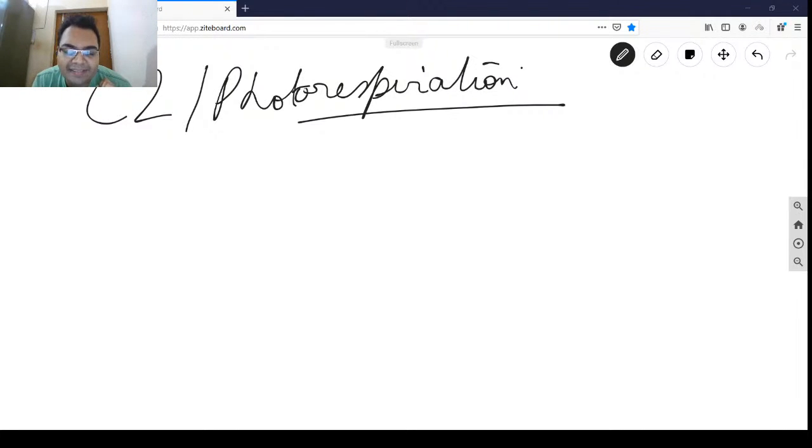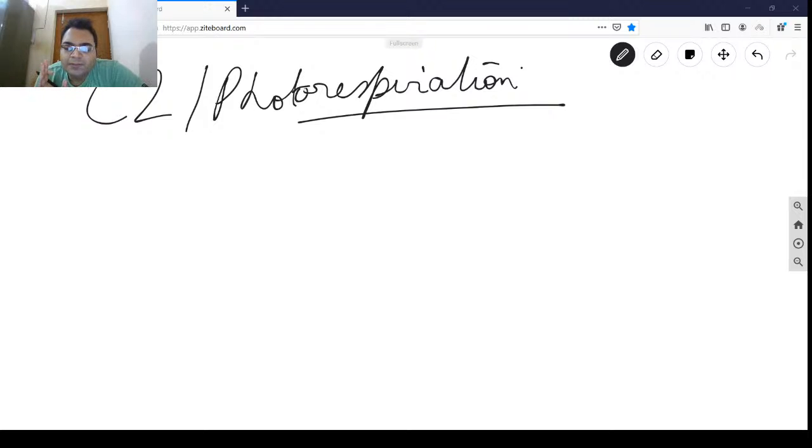In many plants that grow in the tropics, crop plants native to the tropics such as maize, sorghum, sugarcane, a very unique, special mechanism has evolved to circumvent the same problem of photorespiration, the perpetuation of the C2 cycle. They can ill afford to let the C2 cycle be perpetuated.